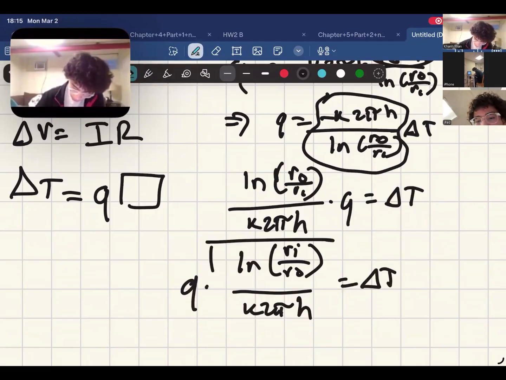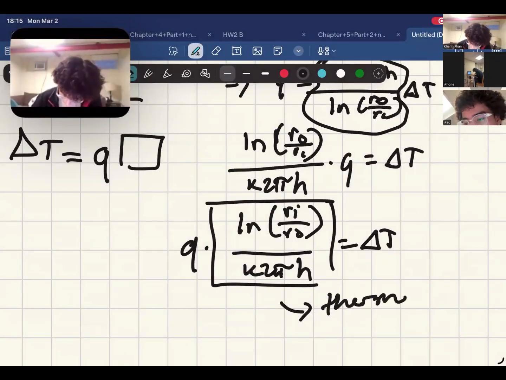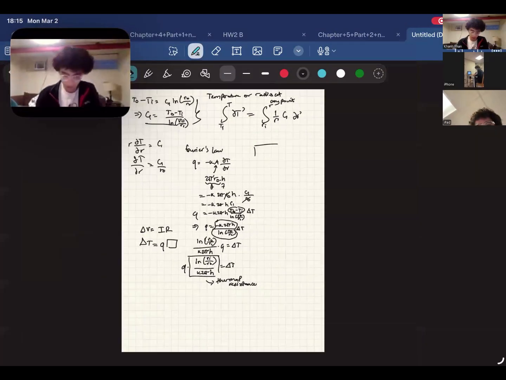So this is the thermal resistance for a cylindrical shape. Thermal resistance.